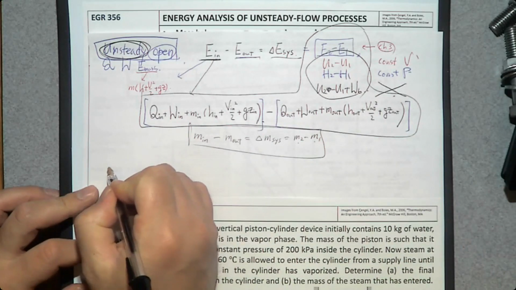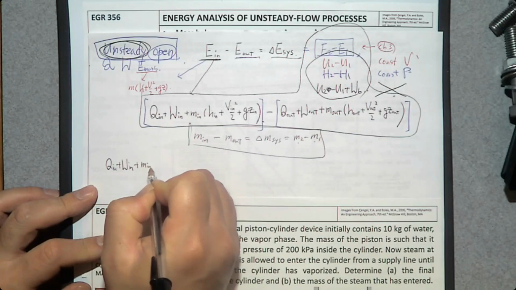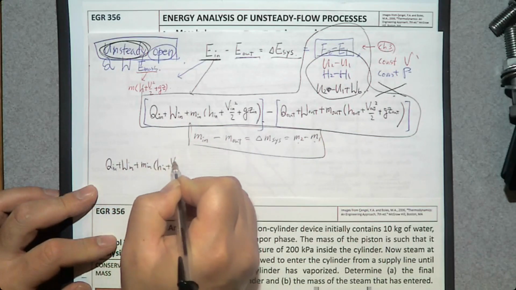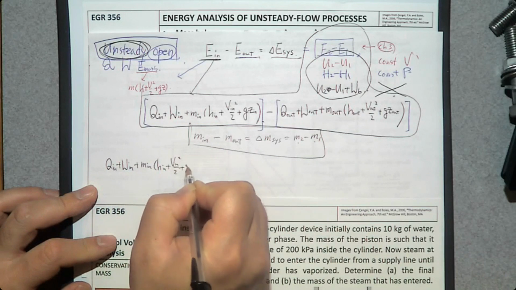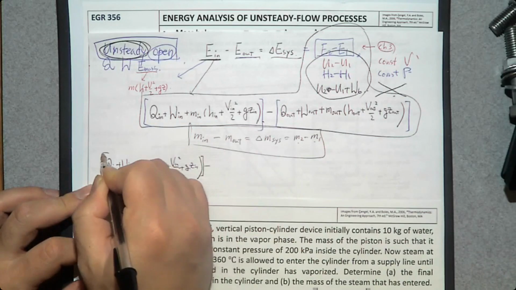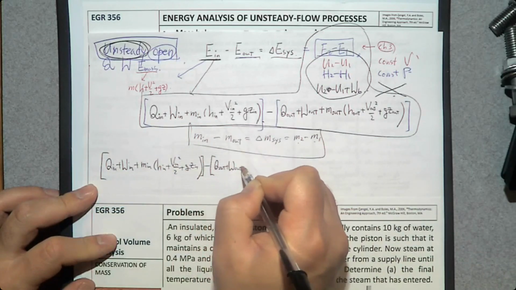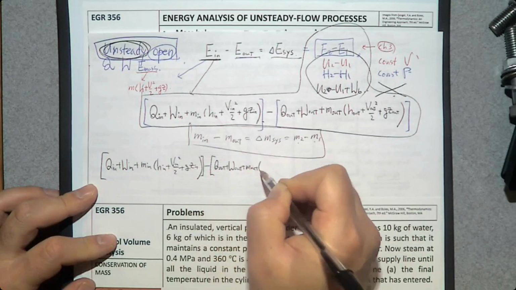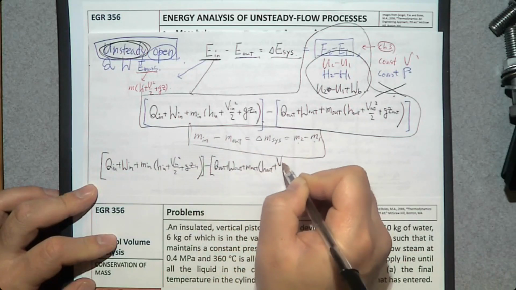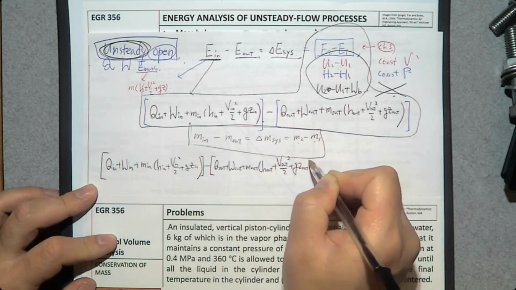Q in plus W in plus m in times (h in plus V in square over 2 plus gravity times elevation z) minus Q out plus W out plus m out times the same, with enthalpy, kinetic energy, and potential energy.